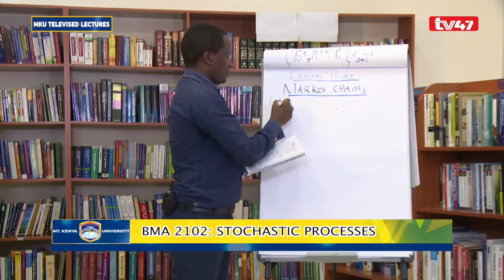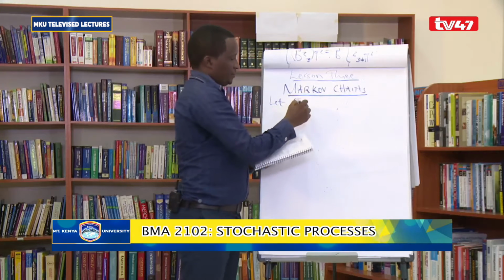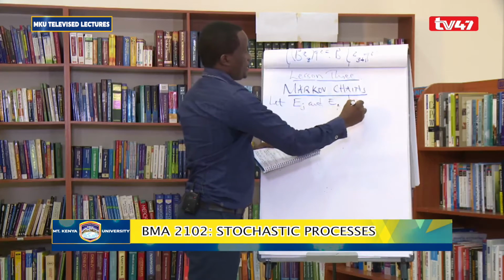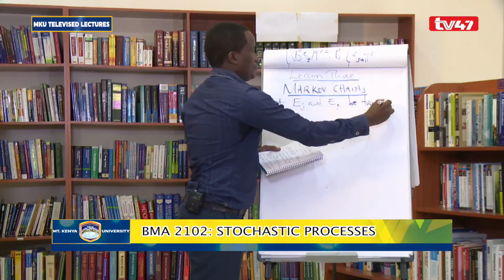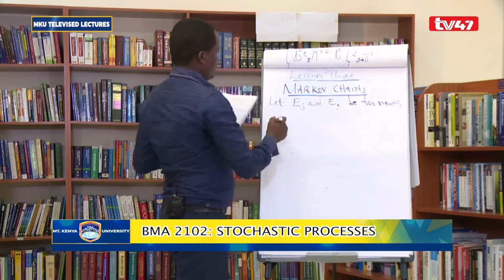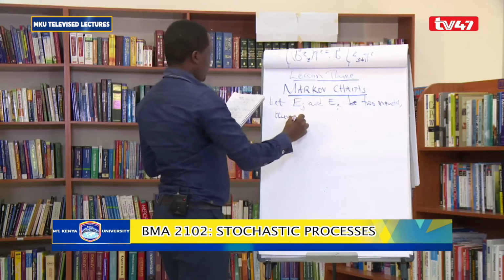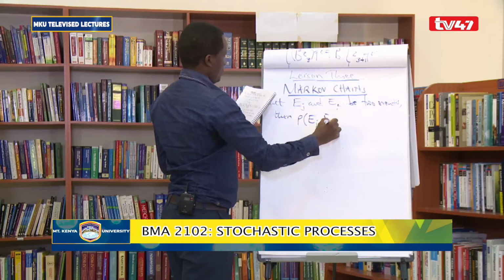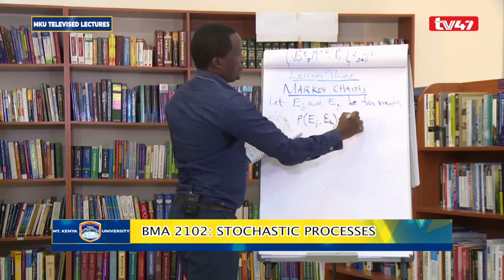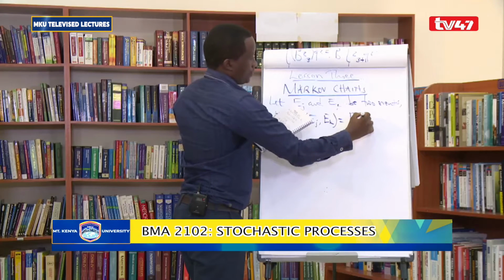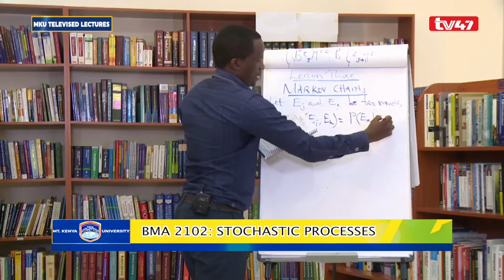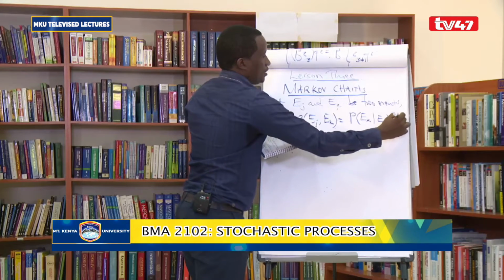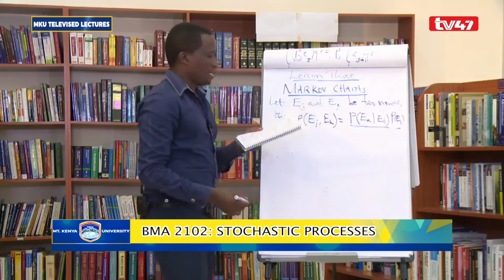Let EJ and EK be two events. Then the probability of EJ and EK is the same as the conditional probability of event K given event J multiplied by the probability of event J. This can be seen from Bayes theorem.